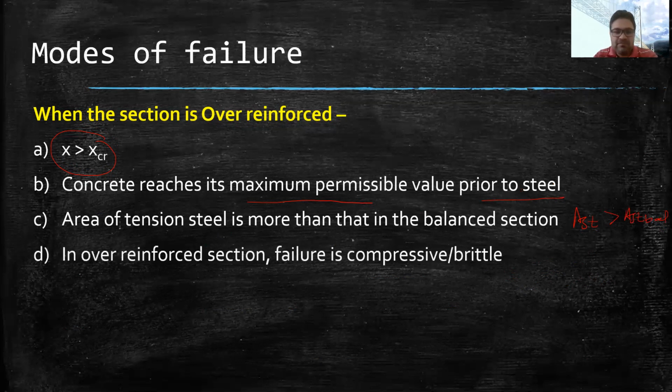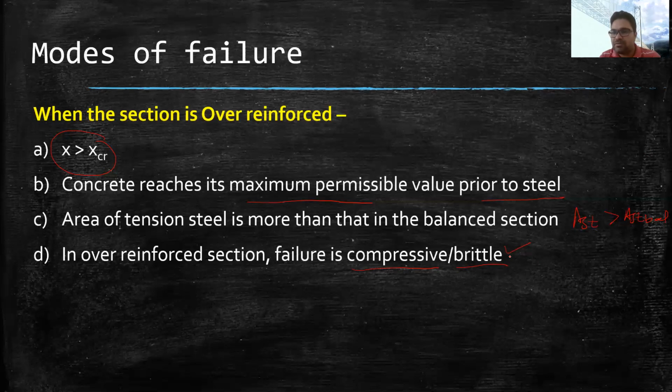And in an over-reinforced section, the failure is considered as compressive or brittle. Why? Because in the previous case, in an under-reinforced section, steel will fail first and steel failure will be shown as excessive deflection. But we know that concrete is very weak in tension and also not ductile, so the failure of concrete will be brittle and sudden.